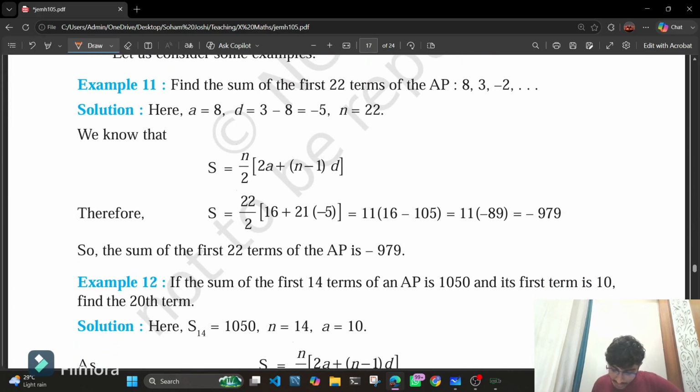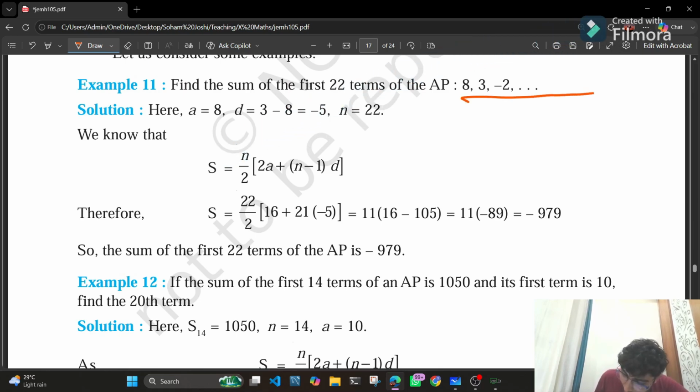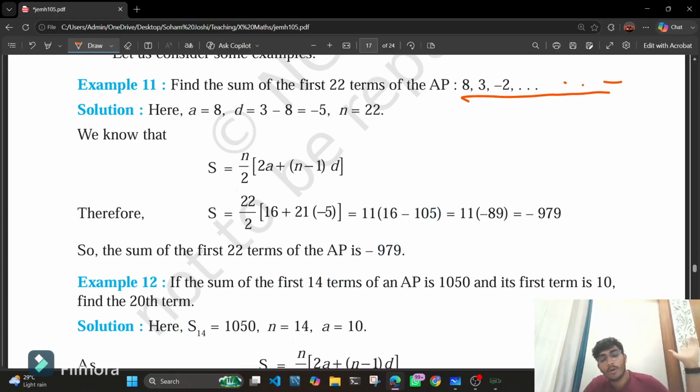We'll just quickly see one of the examples. Find the sum of the first 22 terms of the AP 8, 3, minus 2, and so on. The conventional way would be to first find all the 22 terms of the AP and then add them. It will take much time, and the chances of error would be much higher.